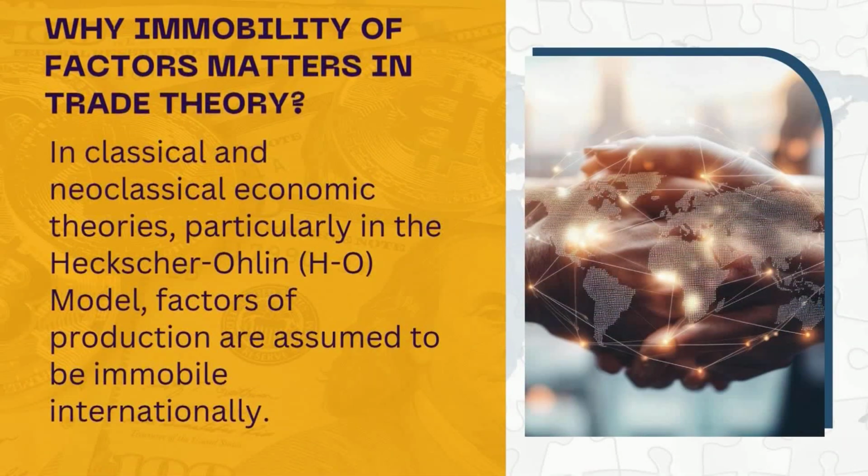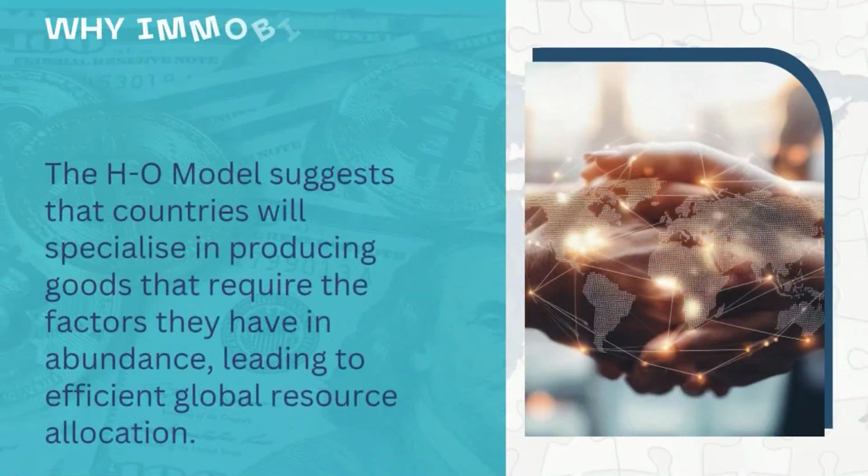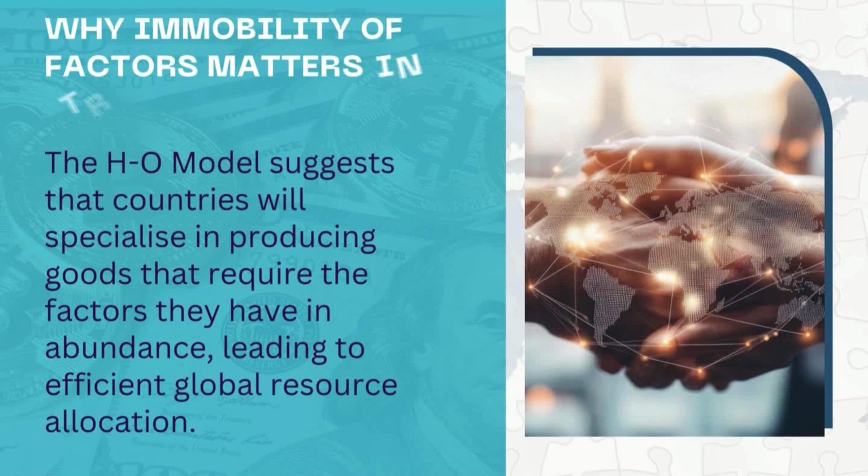In classical and neoclassical economic theories, particularly the Heckscher-Ohlin model, factors of production are assumed to be immobile internationally. The Heckscher-Ohlin model suggests that countries will specialize in producing goods that require factors they have in abundance, leading to efficient global resource allocation.